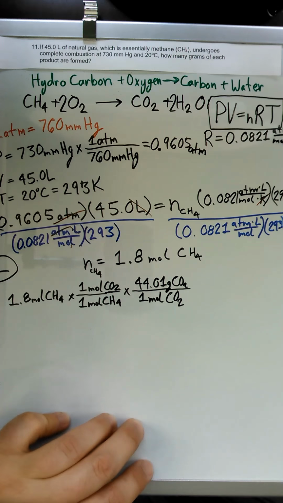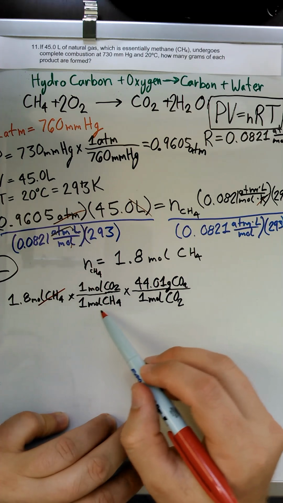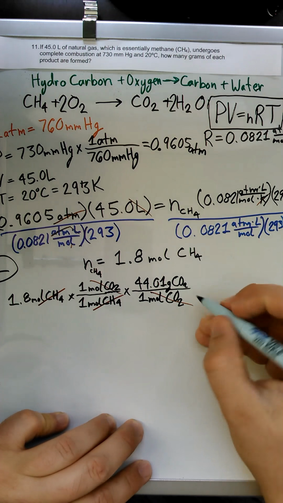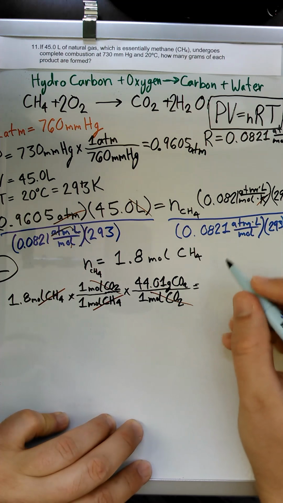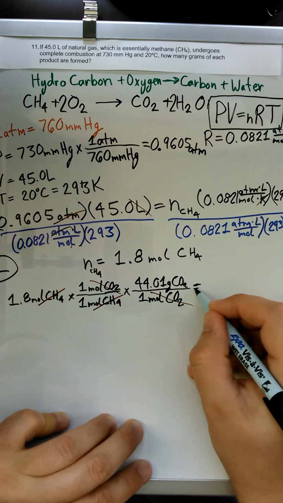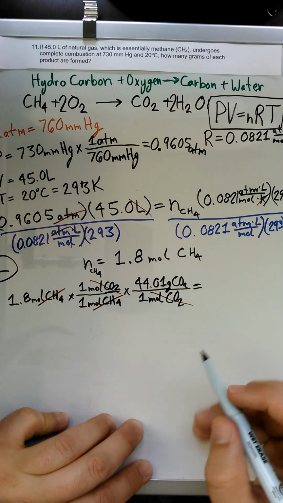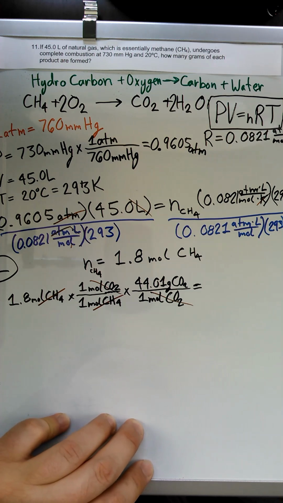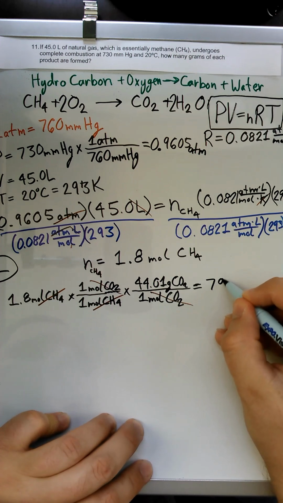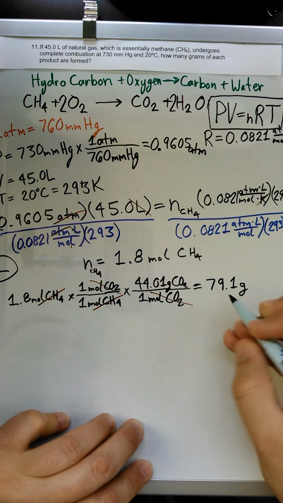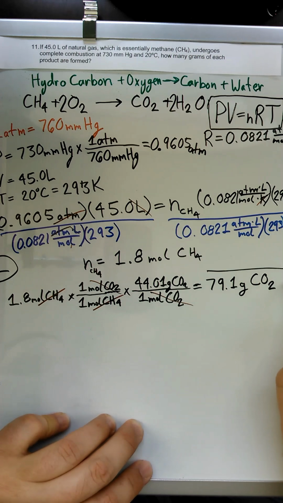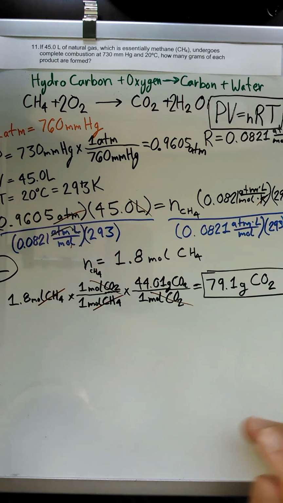So notice as we multiply across, moles of methane cancels, moles of carbon dioxide cancels, and we're left with an answer in just grams of carbon dioxide, which is what we're trying to find, grams of the product. And we get an answer of 79.08, which we're going to round up to 79.1 grams of carbon dioxide. So this would be our answer for carbon dioxide.